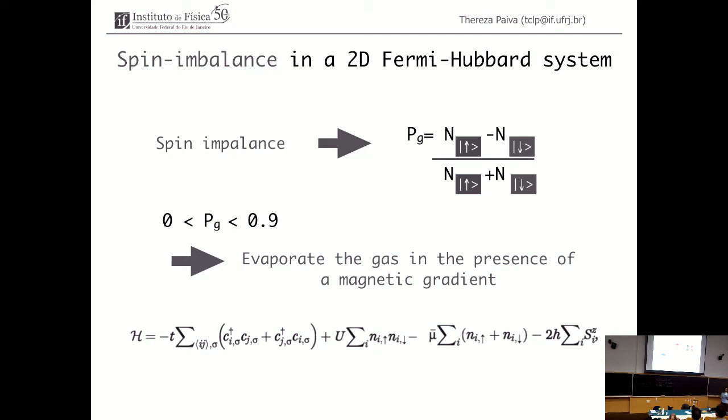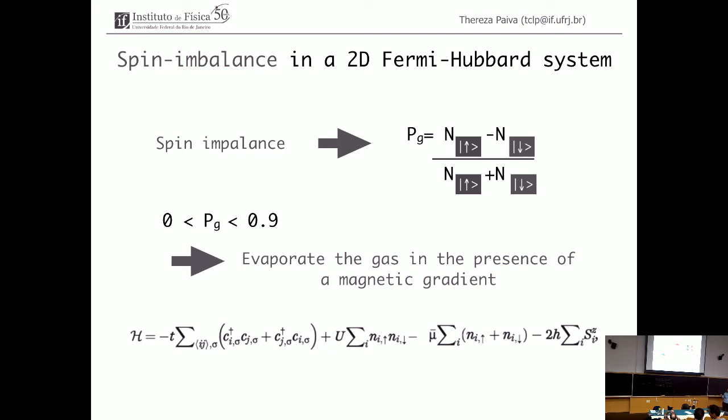And with this, the evaporation of the different species is done differently, and what is left is different. And they can achieve polarizations that go from 0, which is the usual balanced system, until 0.9, which is a very imbalanced population. And although this experiment is not done with a magnetic field, the magnetic field is just through the evaporation process.